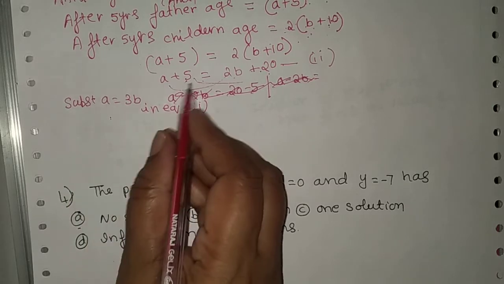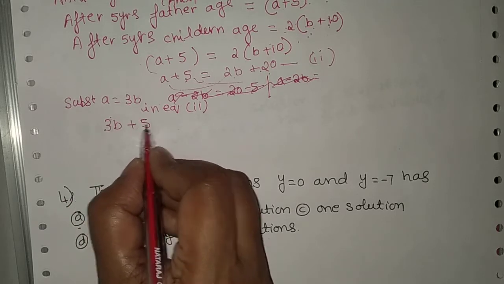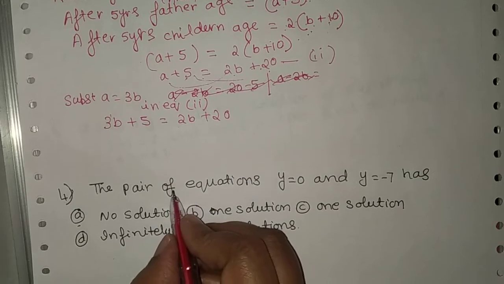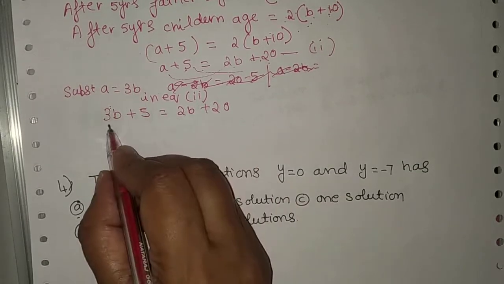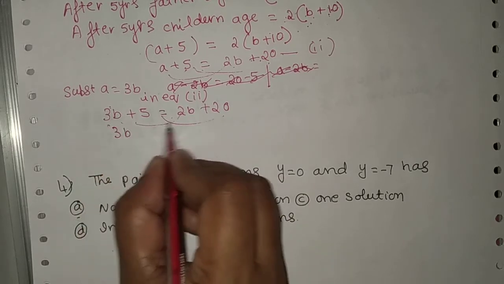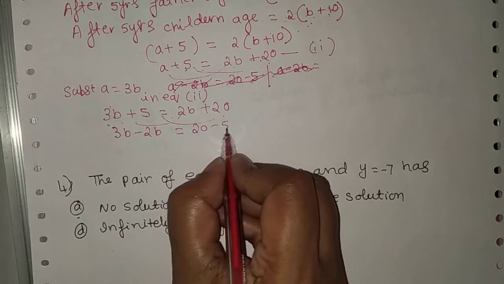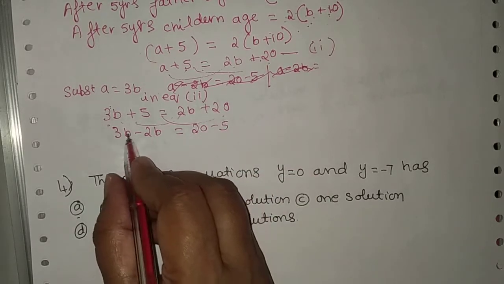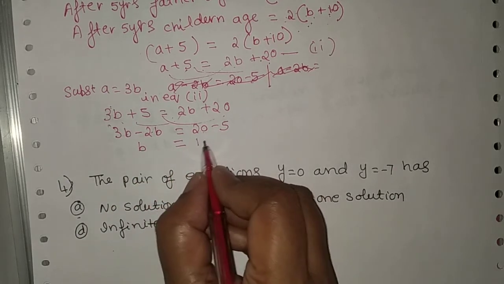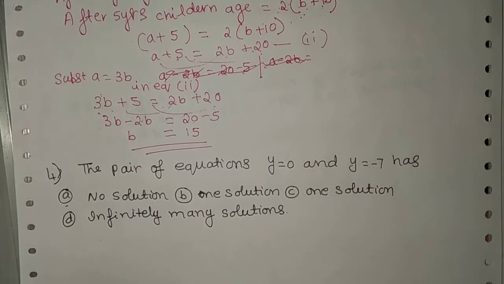So what happens? If we substitute here, A becomes 3B plus 5 is equal to 2B plus 20. Then we have to simplify. Now this comes this side, this goes this side. 3B minus 2B is equal to 20 minus 5. Then 3B minus 2B will be B, then 20 minus 5 will be 15. So we are getting B is equal to 15.